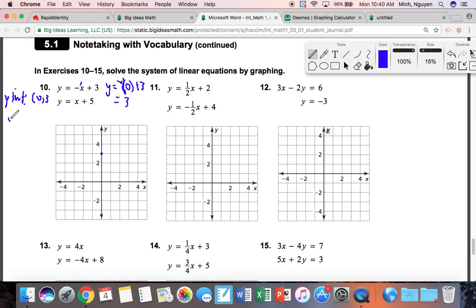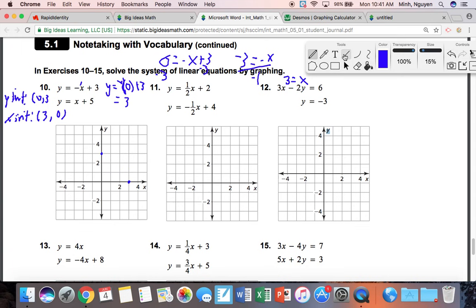So 0 equals negative x plus 3. I will subtract 3 on both sides. 0 minus 3 is negative 3 equals negative x. I divide both sides by negative 1, and I get 3 equals x. So 0, 3, and 3, 0.